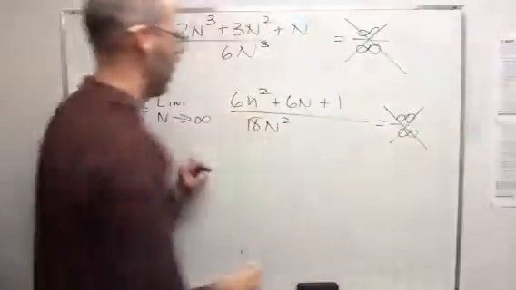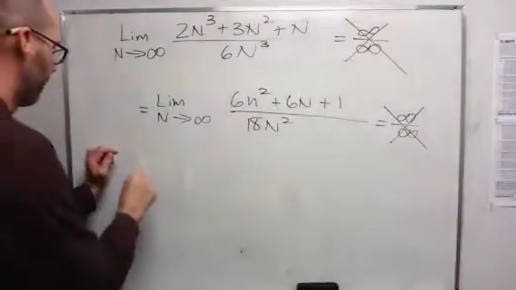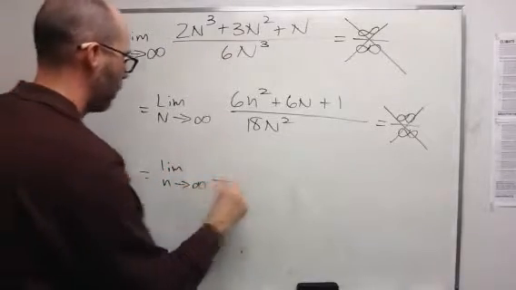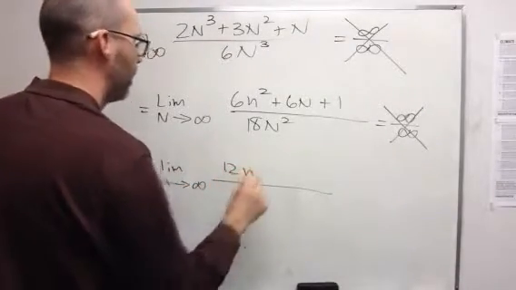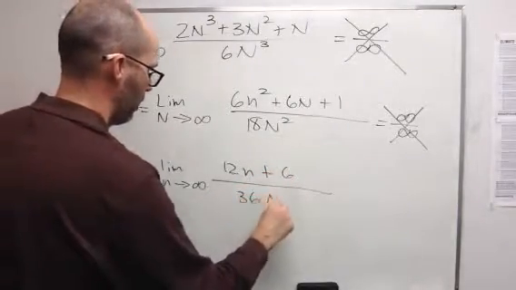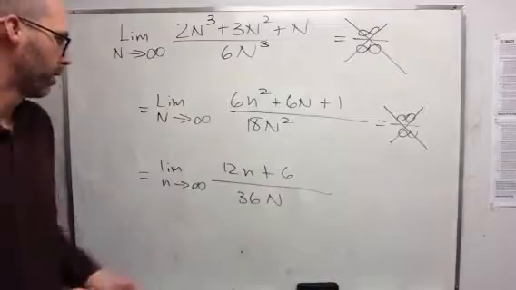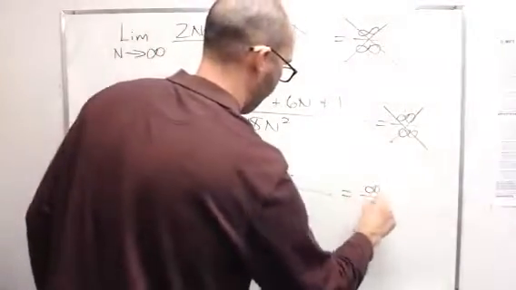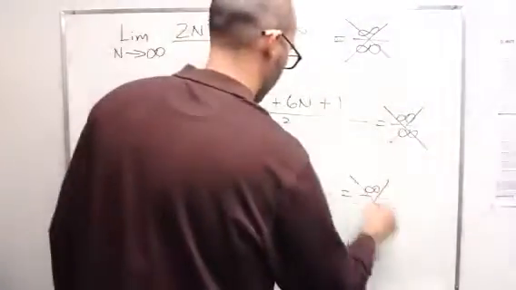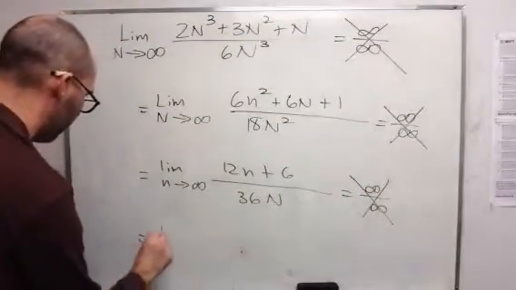Doesn't make sense to us. Use L'Hopital's rule again. We've got 12n plus 6 over 36n. Again, infinity over infinity. Use L'Hopital's rule.